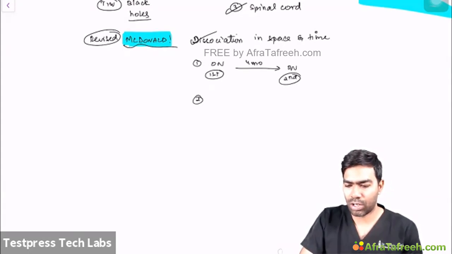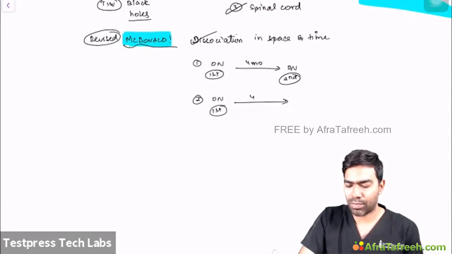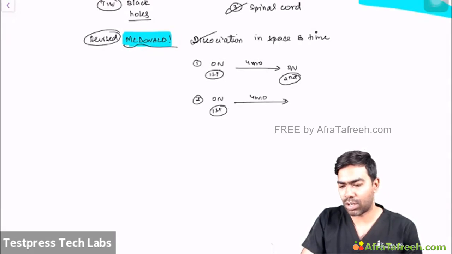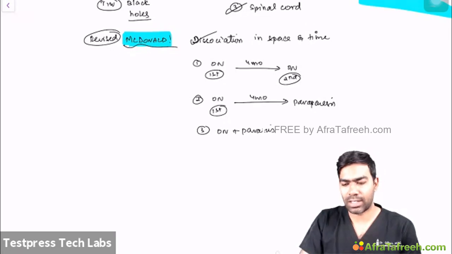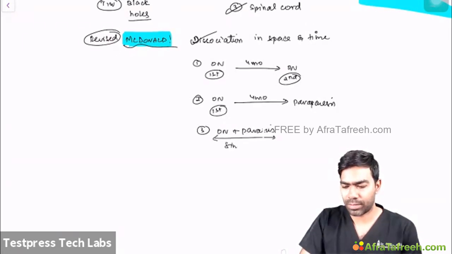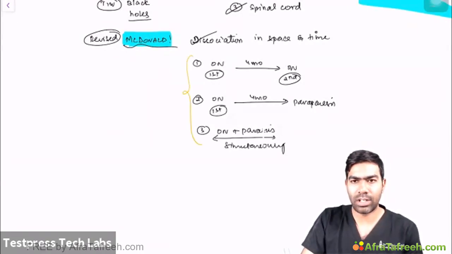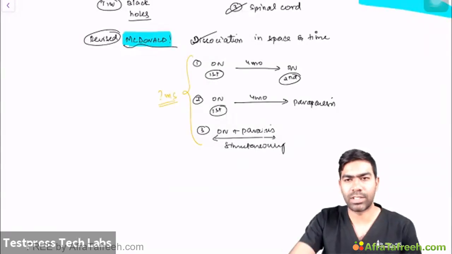The second patient got optic neuritis, first attack, and after 4 months, the patient got maybe paraparesis. This is number 2. Number 3, the patient got optic neuritis and paraparesis at the same time, simultaneously. Among these 3, 1, 2, and 3, which is MS according to you?